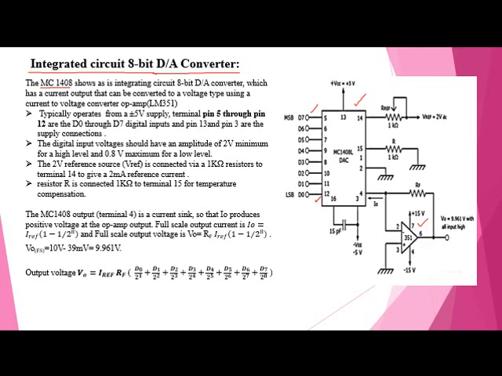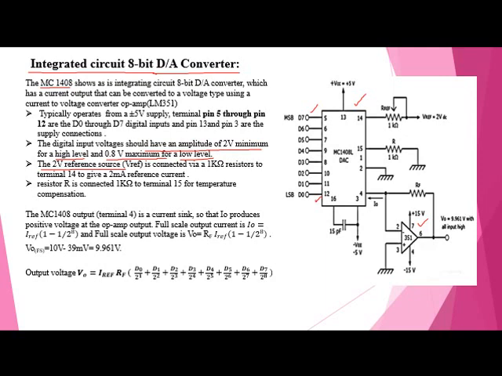The digital input voltage should be minimum 2 volt for high level and 0.8 volt maximum for low level. The 2 volt reference voltage source is connected through a 1K potentiometer to terminal pin number 14.